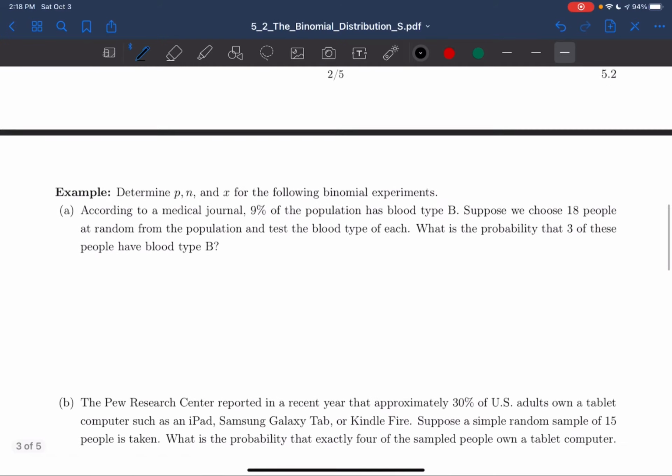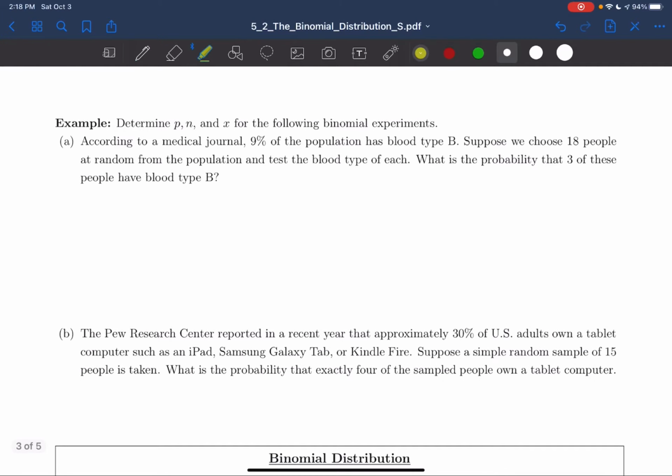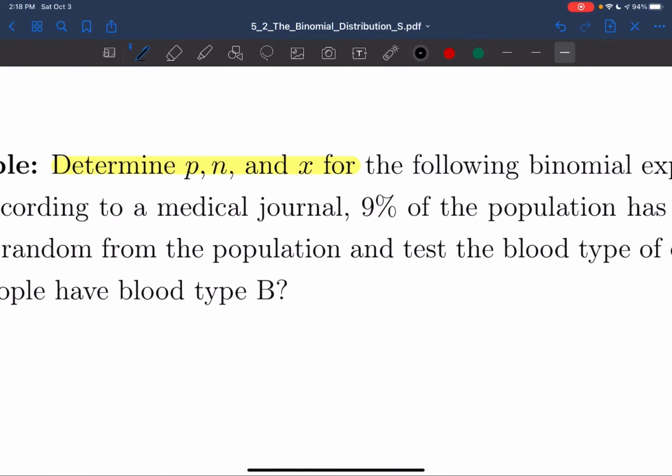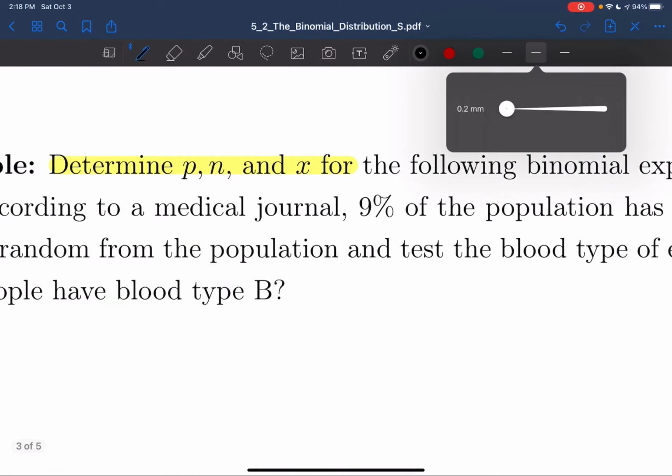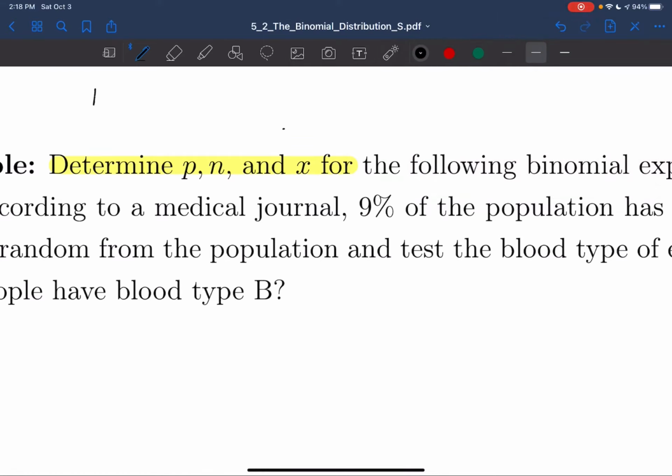Okay, let's do a couple more examples. So here we want to determine our p, n, and x for the following binomial experiment. So here we're already given that these experiments are binomial experiments. What I'm asking you to do is to identify what is our p, and here this is just our probability of success.